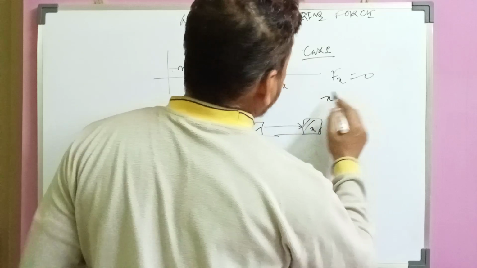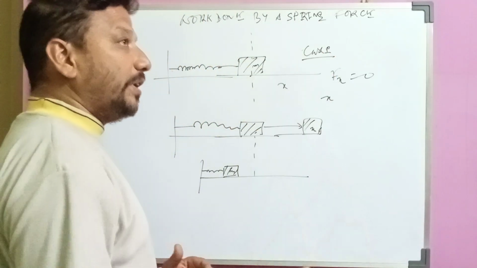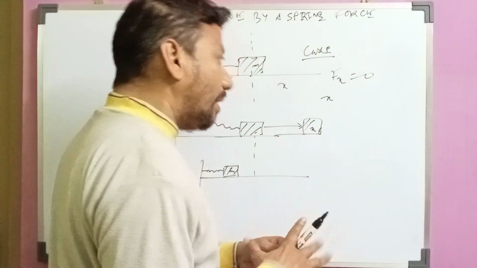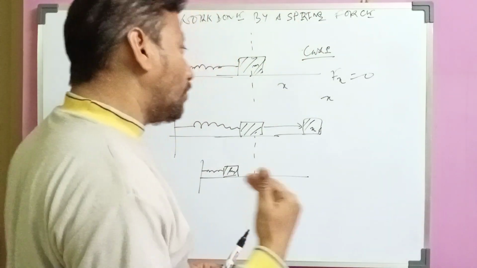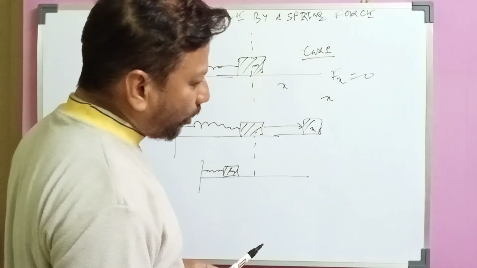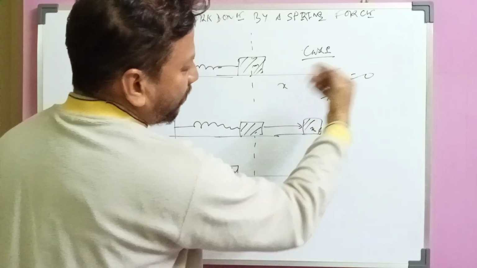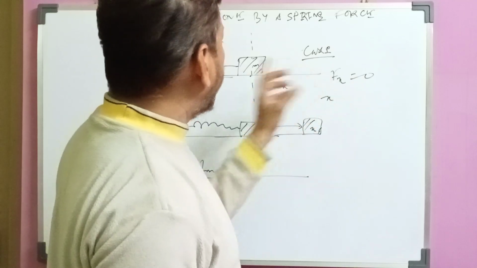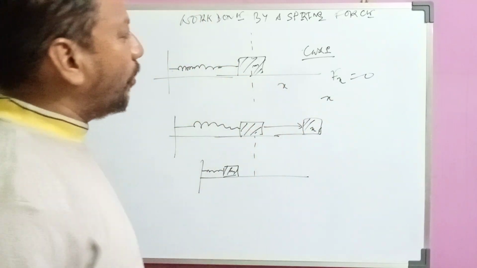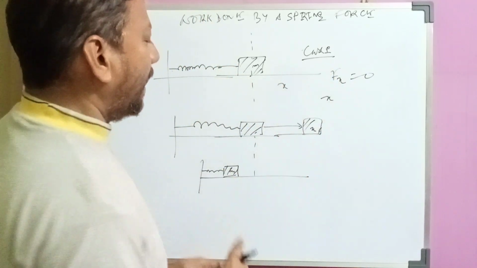Previously, when we did the problem with lifting and lowering, there we did positive and negative also. Now here, no force is actually working. This is the x. x is the distance.